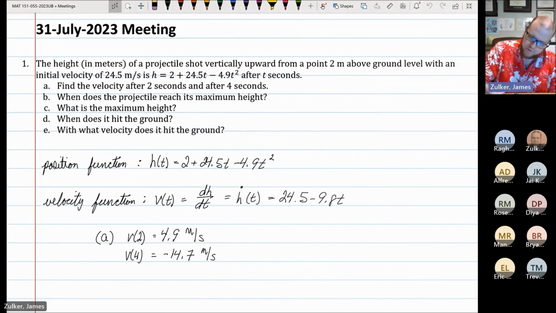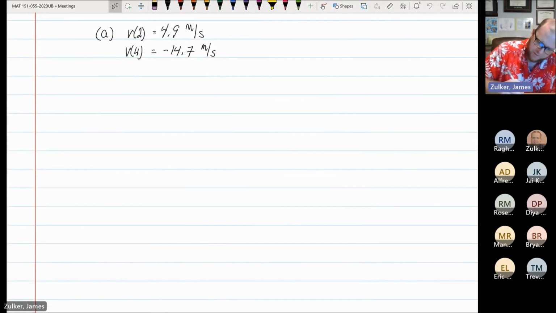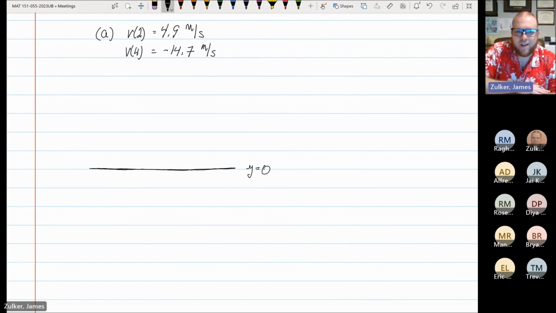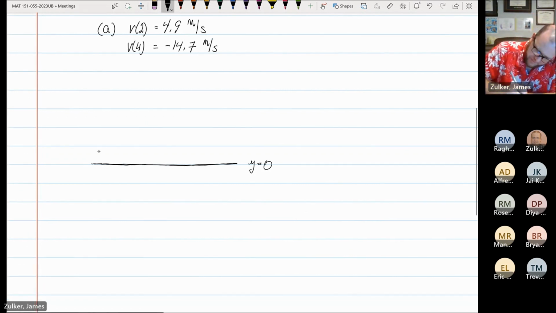It says it starts 2 meters above the ground, right? So I'm going to do something like this. They're going to say that that represents ground level, y equals 0.